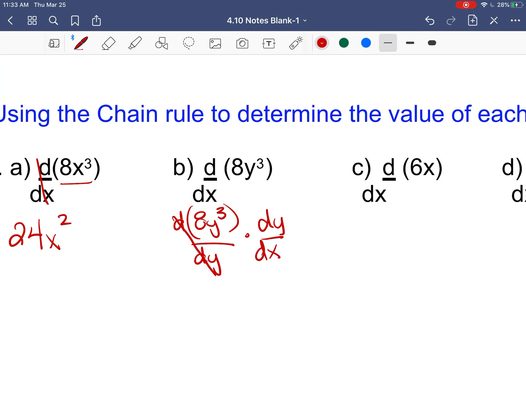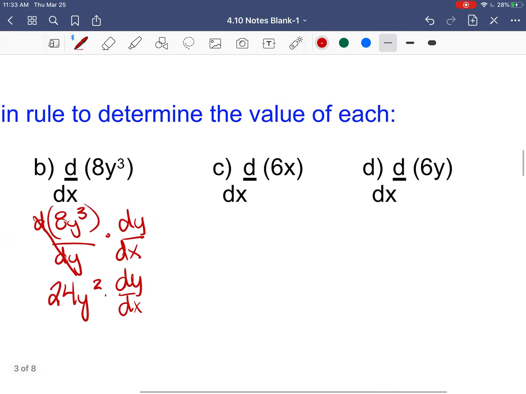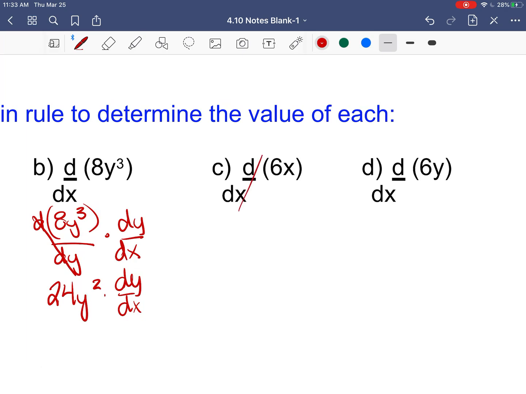Here, those would cancel out and we just take our derivative and we get 24y squared times dy dx. Our derivative of x with respect to x, again, those are going to cancel out. The derivative of 6x is 6. And our next part, d of 6y with respect to y times the derivative of y with respect to x.